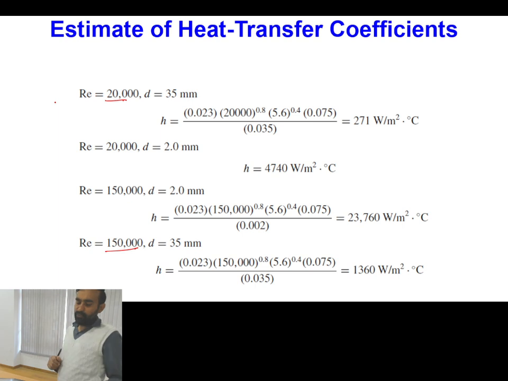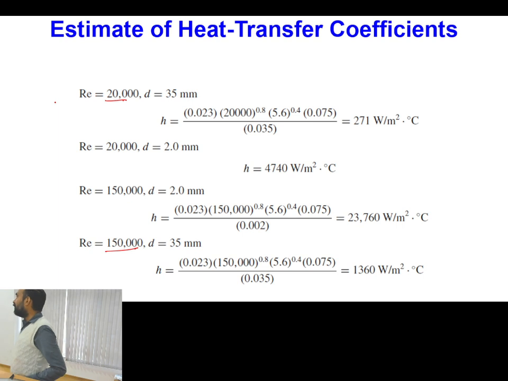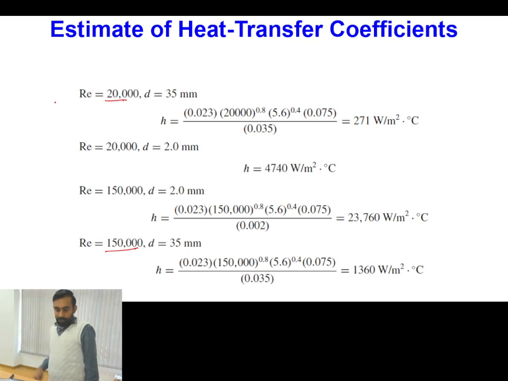So first thing what we will do, we will try to estimate how much theoretically would be the heat transfer coefficient. Okay, so this range of Reynolds number 20,000 to 1,50,000, and diameter from 2 to 35 mm, it means our tube is of circular cross section.